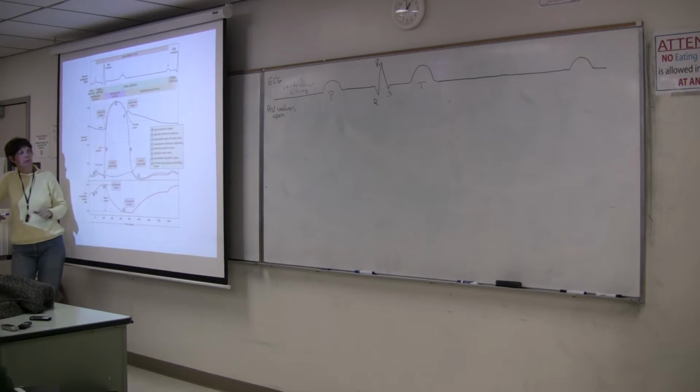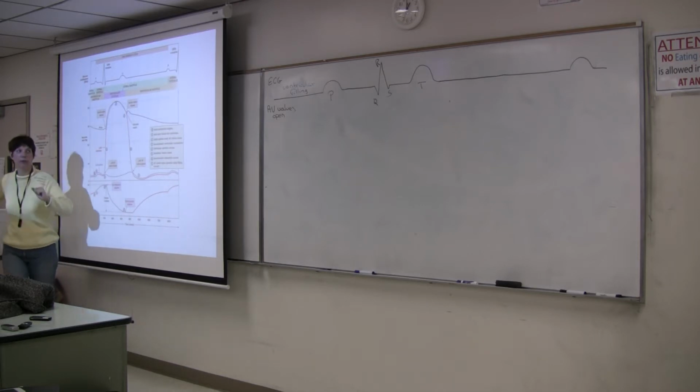On the exam, you will have a diagram like this, but it won't be labeled. So I might ask you, what pressure is this? What valve is opening or closing at this point? It's all there for you. All you have to do is interpret it.